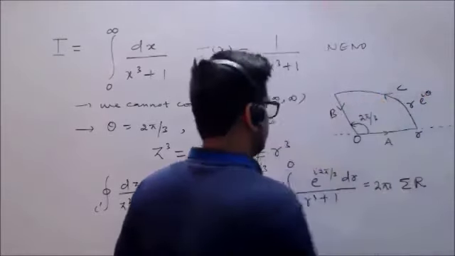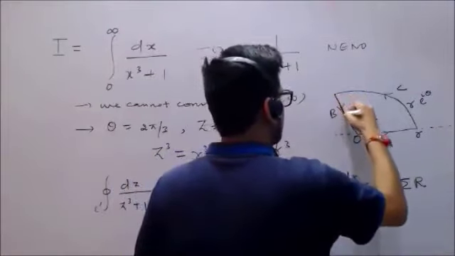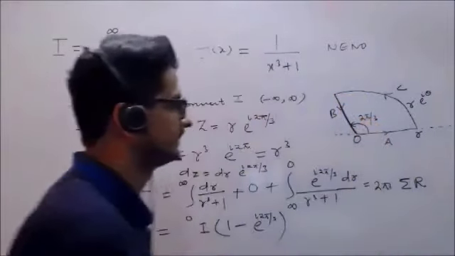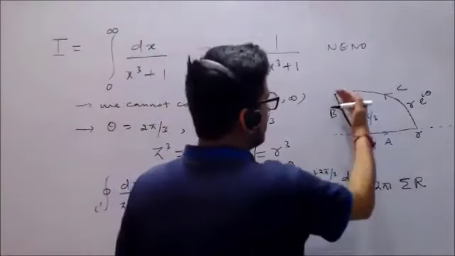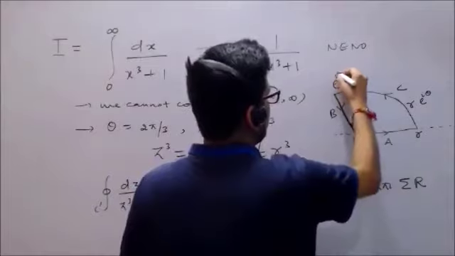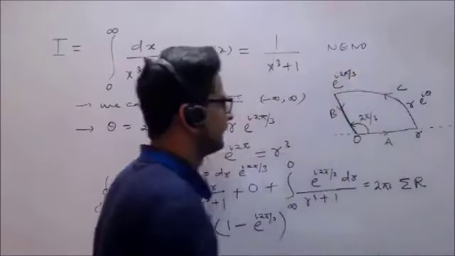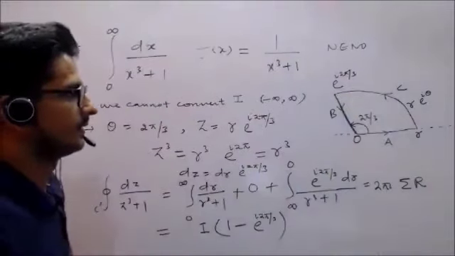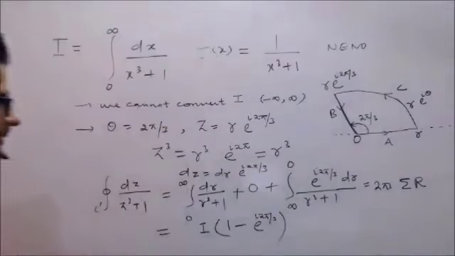Yes, and then this. How will this work? What will be the equation of this? The angle has become constant, e to the power I 2 pi by 3, and R is variable, like this.